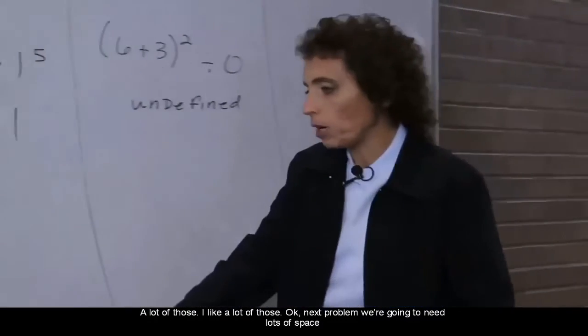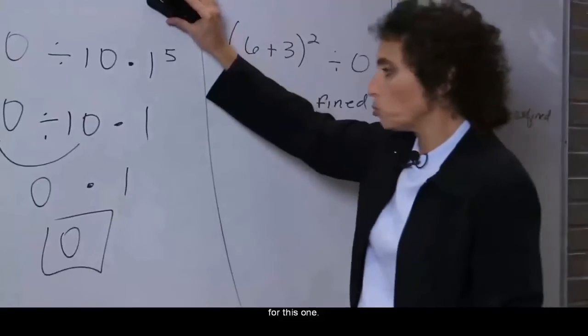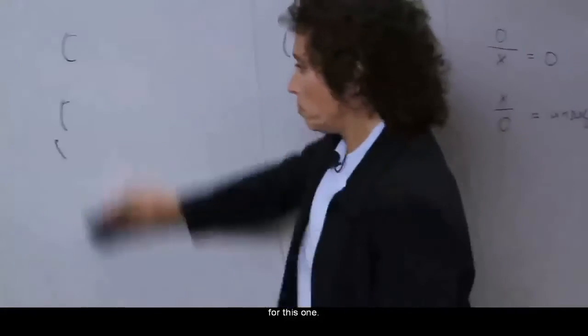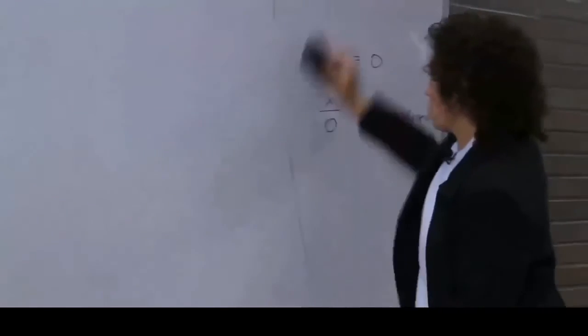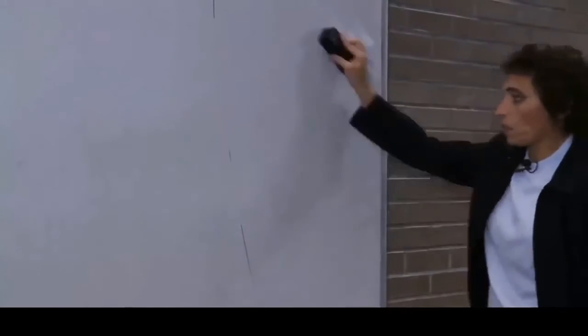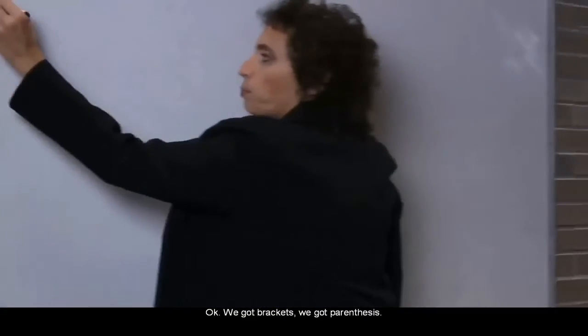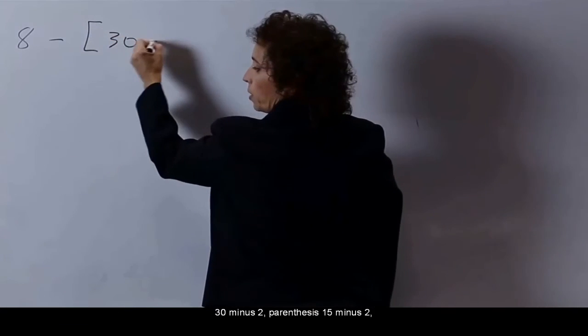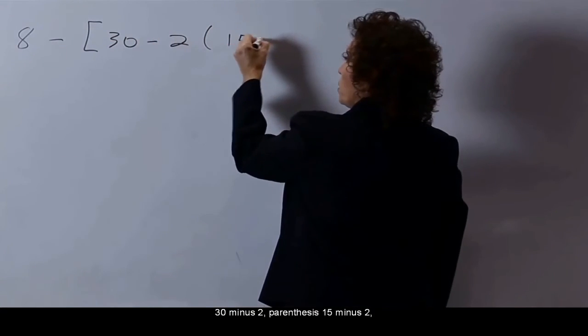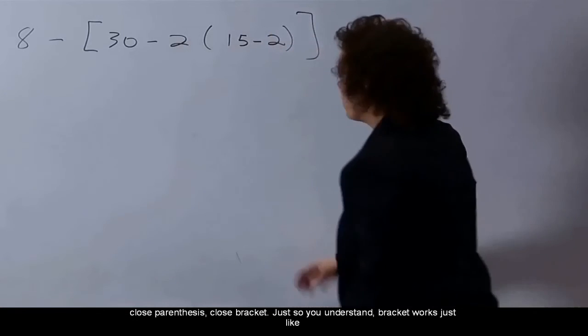Okay, last problem. We're going to need lots of space for this one. Okay. We got brackets, we got parentheses. 30 minus 2, parentheses, 15 minus 2, close parentheses, close bracket.